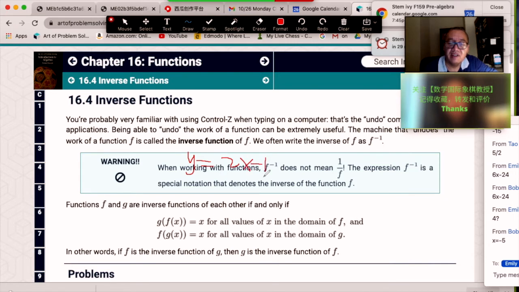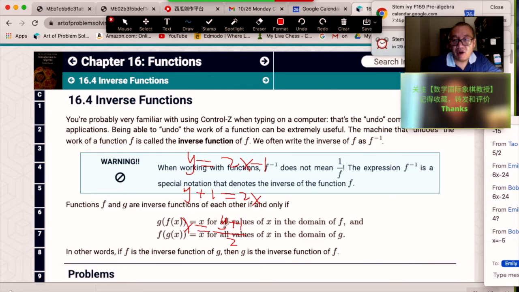Then you solve for x in terms of y. You need to add 1 to both sides, and you get y plus 1 equals 2x. Then divide both sides by 2.